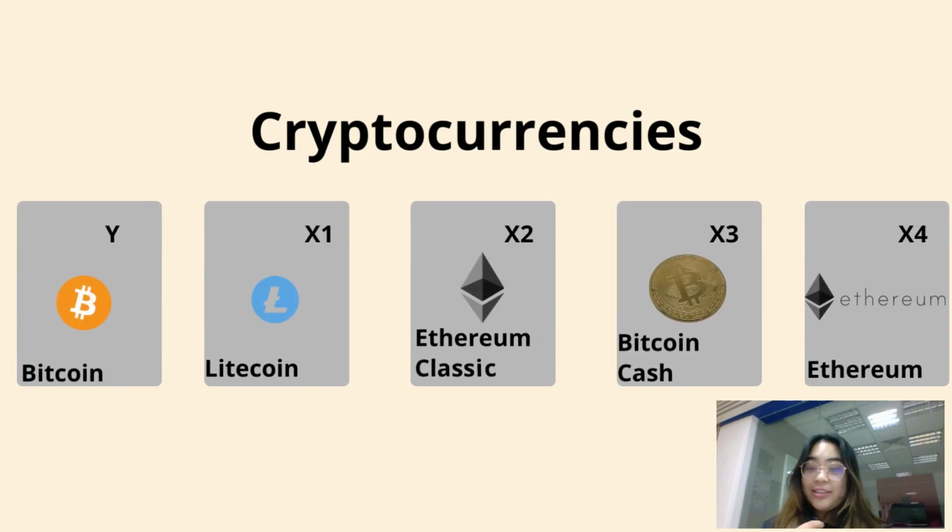The cryptocurrencies we'll be analyzing are Bitcoin, Litecoin, Ethereum Classic, Bitcoin Cash, and Ethereum. We have decided to make Bitcoin our Y, also known as the dependent variable, whereas the rest of the cryptocurrencies observed are our independent variables, also known as X1, X2, X3, and X4.